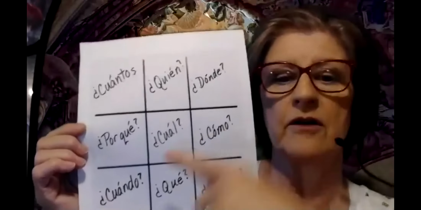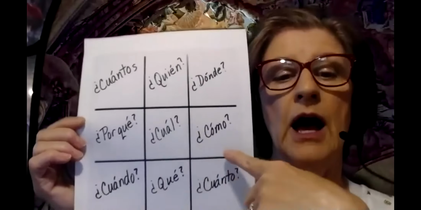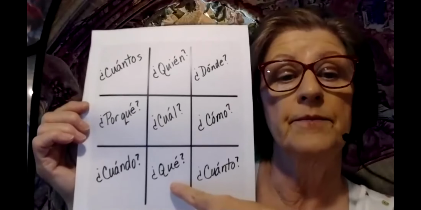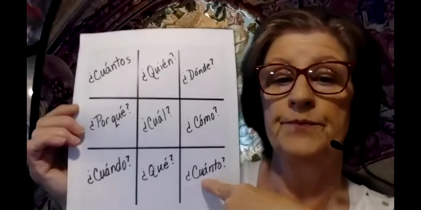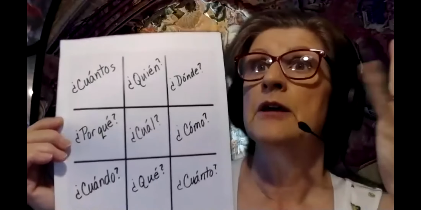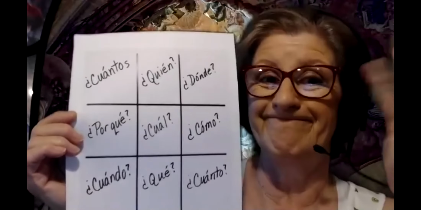There are two tricky ones here. ¿Cuál? ¿Cómo? How? Okay, sí. ¿Cuándo? When? ¿Qué? What? ¿Y cuánto? Okay, hay 4 cosas que pueden ser un poquito complicados.